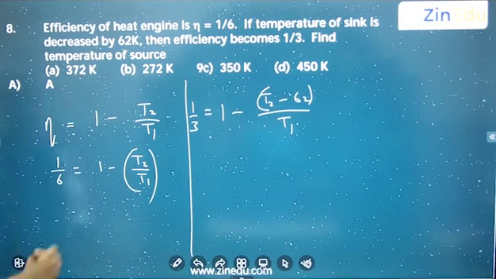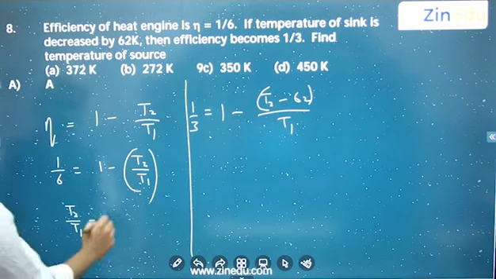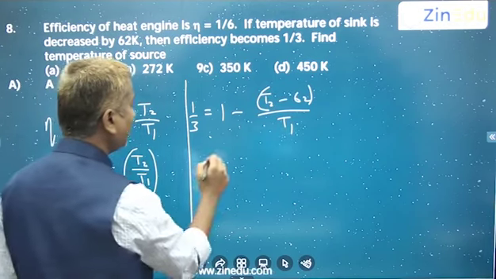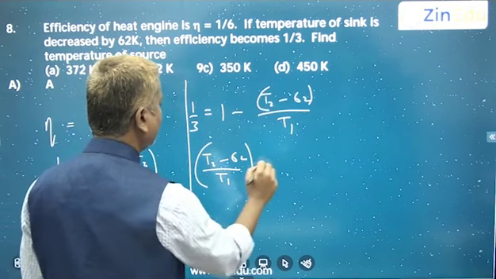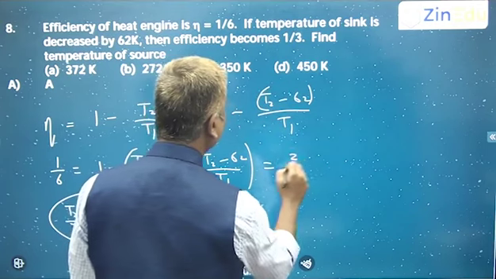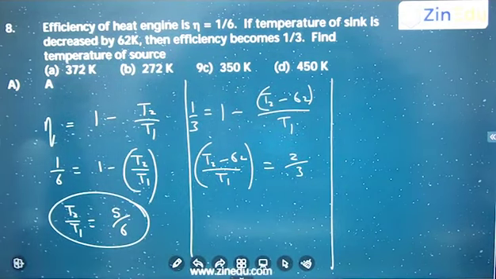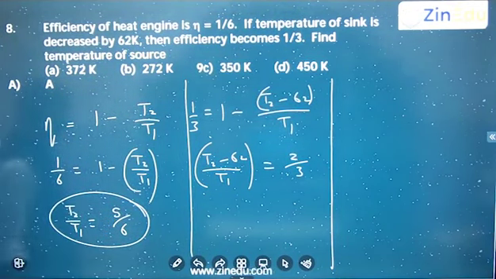So you can calculate like this: T2 by T1 is 1 minus 1 by 6, that is 5 by 6 initially. Now what is the second equation? You can write T2 minus 62 upon T1 is equal to 1 minus 1 by 3, that is 2 by 3, correct? Now if you divide these two, T1 gets cancelled and you will get the value for T2. Yes or no? Yes.